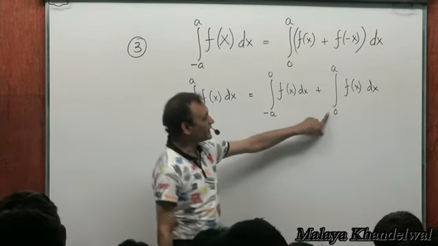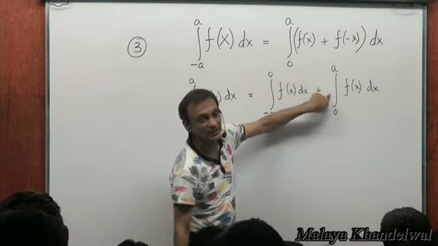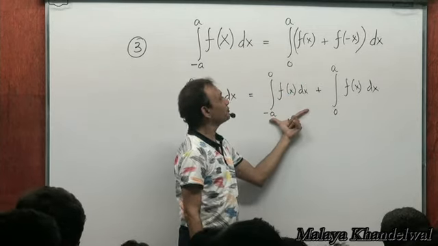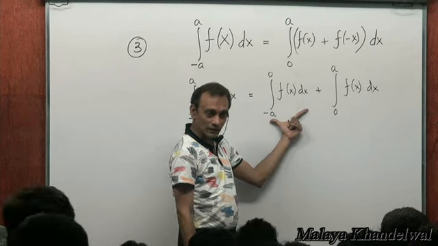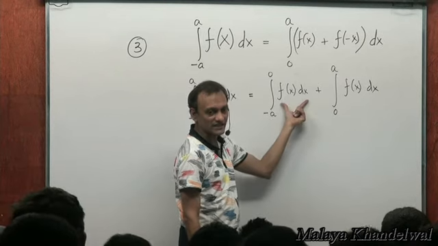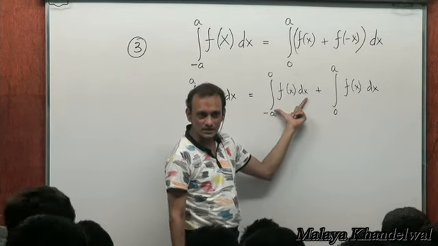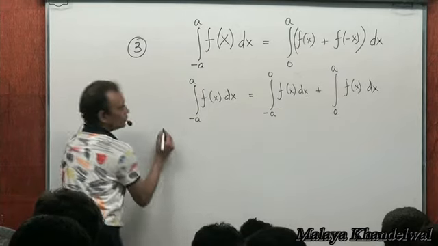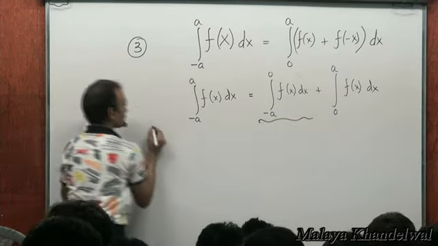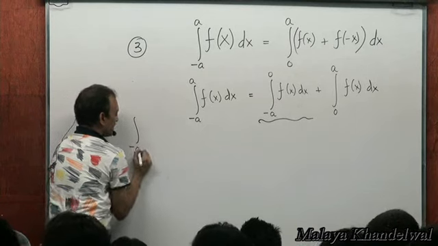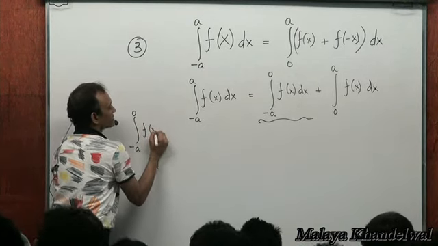Now, I don't tinker with this 0 to a f(x) dx, it's already there. Let me deal with just this part, minus a to 0 f(x) dx.